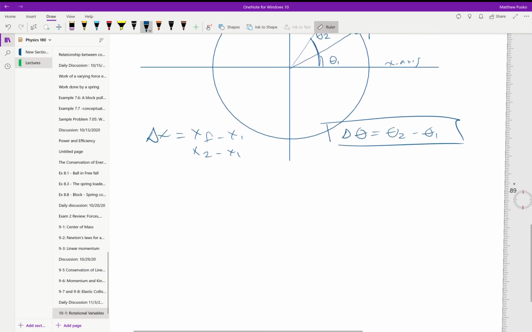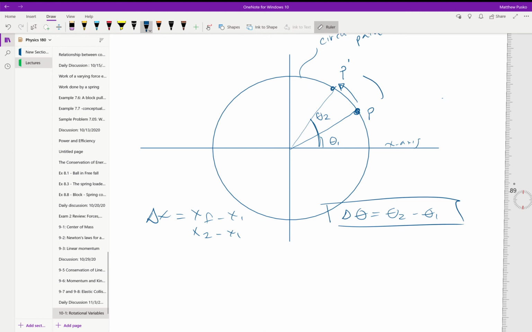And it might be intuitive to know what we're doing next. If some time went by as it moved from point 1 to point 2, and we know its initial and final angular position, we take that change in position, divide it by time, and we end up with what's called the angular velocity.